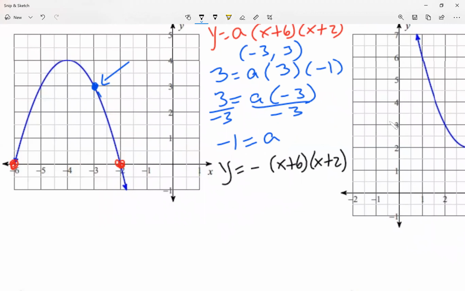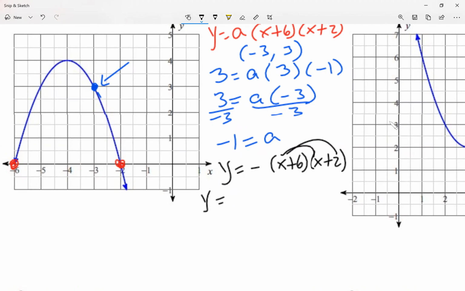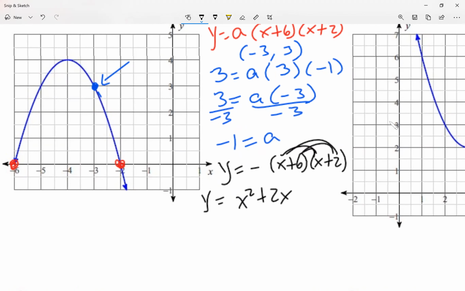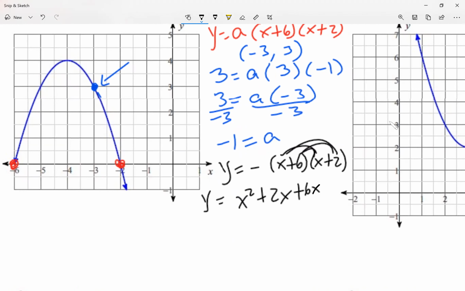Now, because this is the standard form, to begin with, let me distribute the x. So I have right now y equals, let me distribute the x. So I got x squared plus 2x. Then let me distribute the 6 plus 6x plus 2.